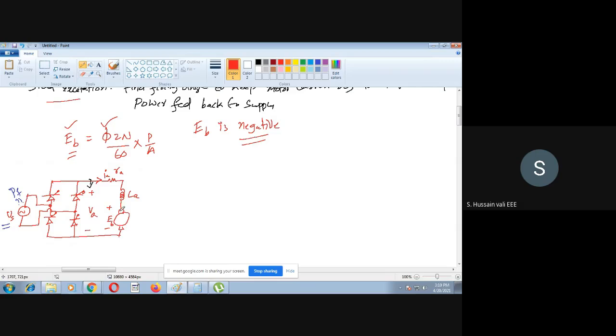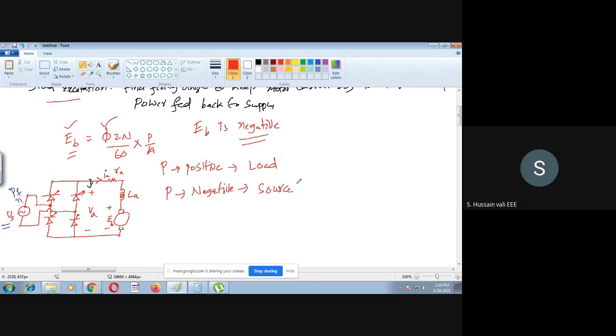If you think the power is going back, generally this polarity you might know: whenever the power is positive, it acts as a load. This you might have studied in circuits also. Whenever the power of any element is negative, it acts as a source.